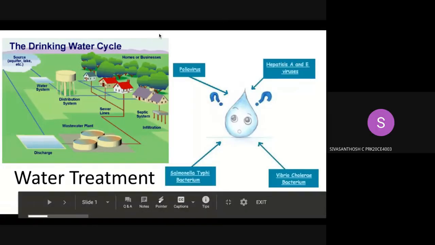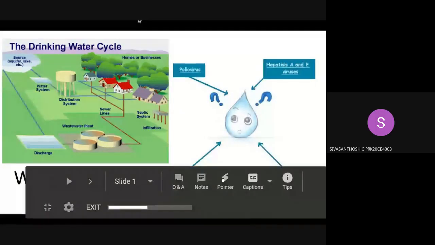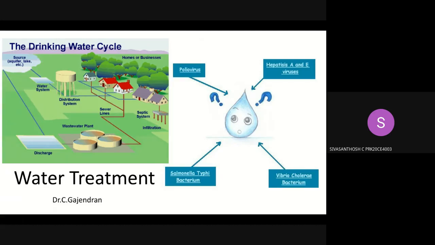Water has some microorganisms and bacteria, so we need the treatment. While the river is flowing, dye plants or some unwanted chemicals are added into the rivers. If we directly consume that water, there will be infections and diseases. So we need treatment for that, sir.